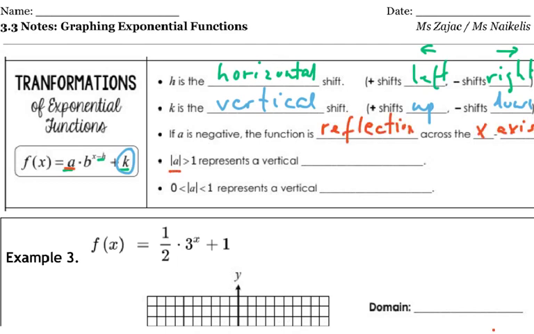If the absolute value of a is greater than 1, it represents a vertical stretch of the function. If the a value is in between 0 and 1, or a fraction, it gives us a vertical compression.